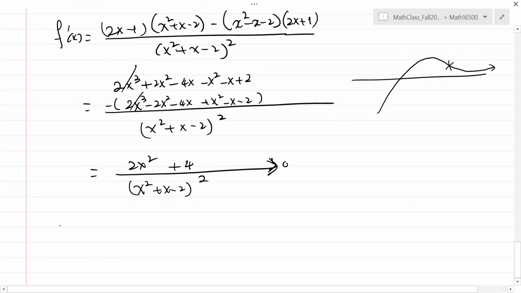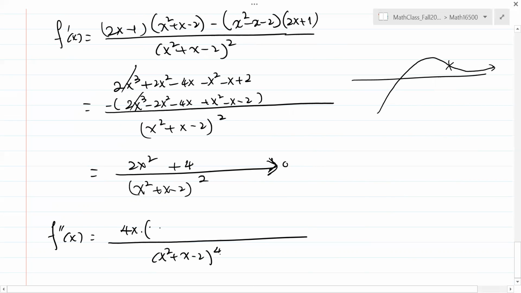Okay, so let's take a look at the second derivative. And times 2x plus 1.